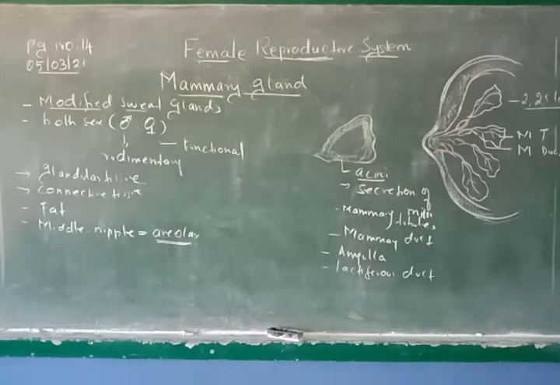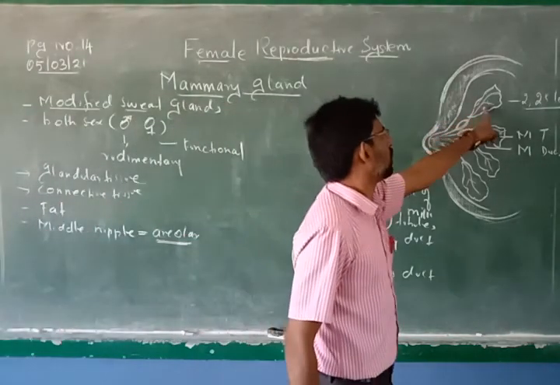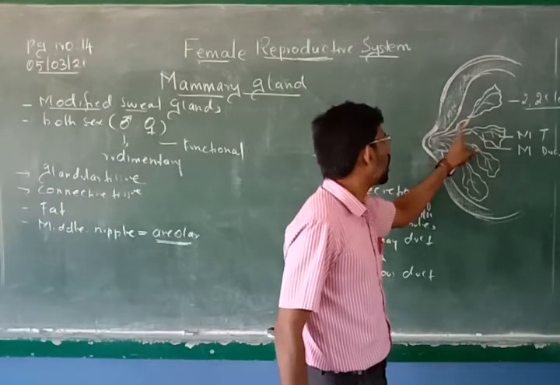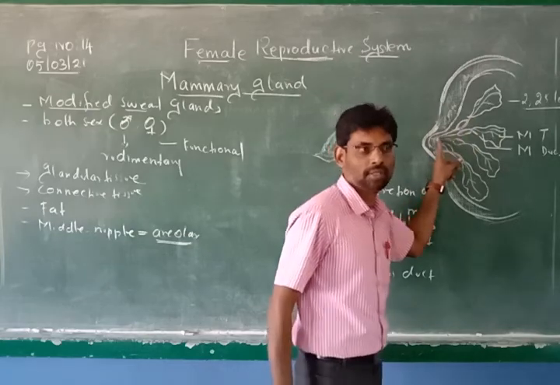4th question. The mammary ducts join to form the ampulla. These two join into a duct called dash.